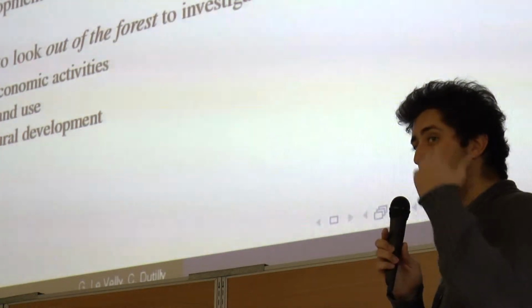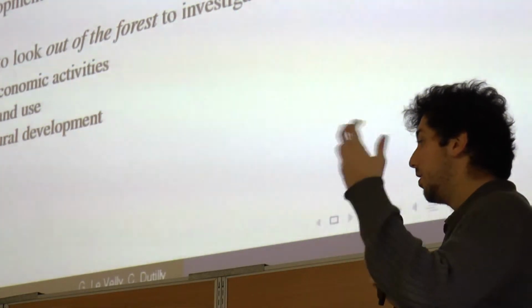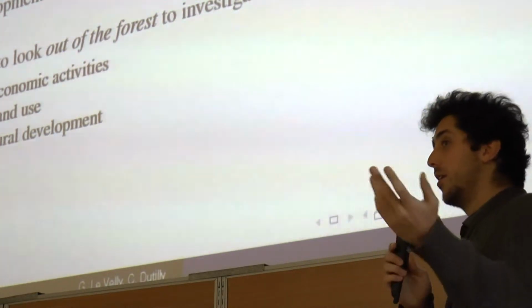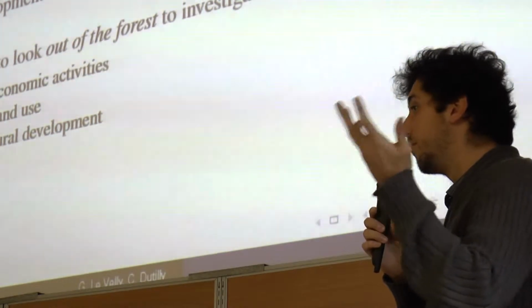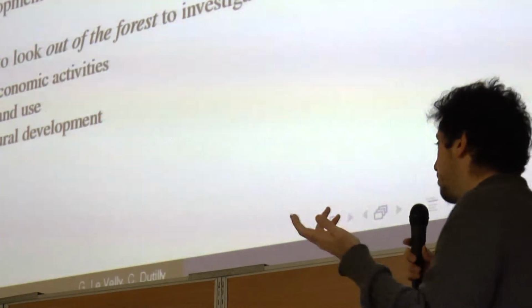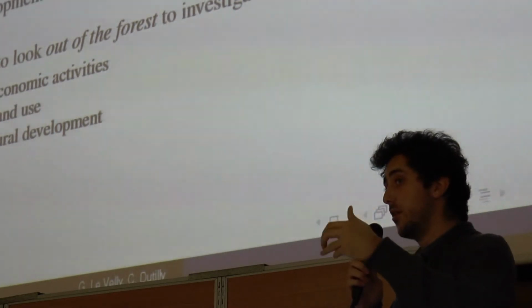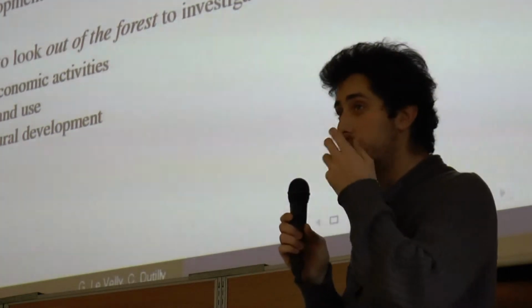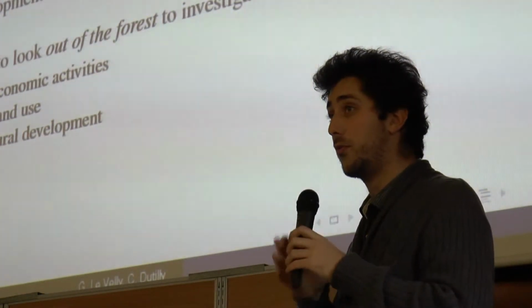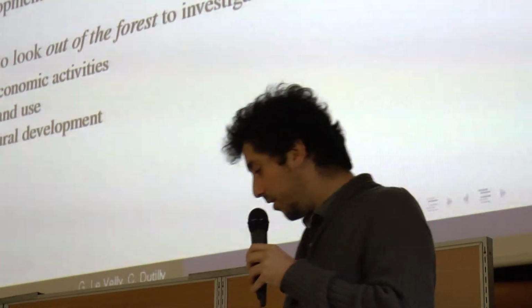Obviously, the use of the payments will matter for permanence, and how it has impacted economic activities especially will change the permanence of the PES, that is, the future impact of the program once people stop receiving payments. So one of the questions we're asking is, shouldn't we look more at economic activity and things like that?